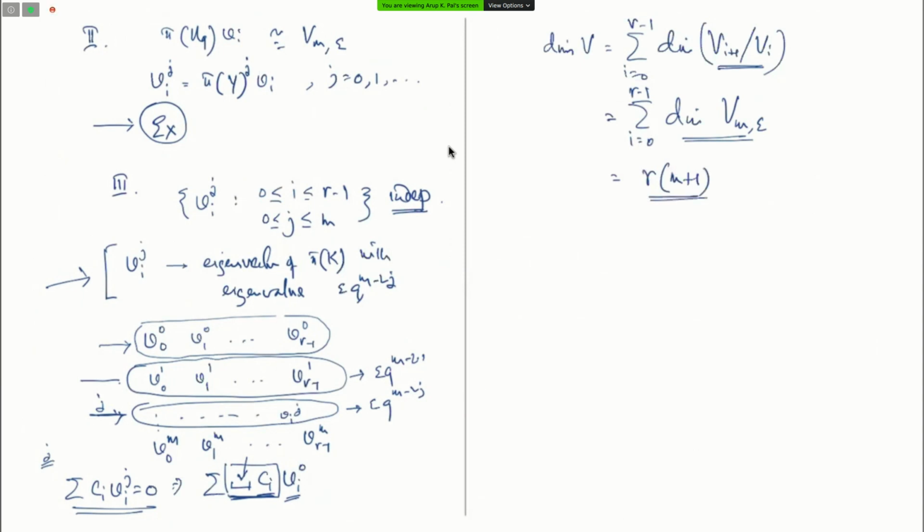And now you see how many Vij's there are. They're exactly r times m plus 1. So they will span the entire space V. So you have expressed V as a direct sum.